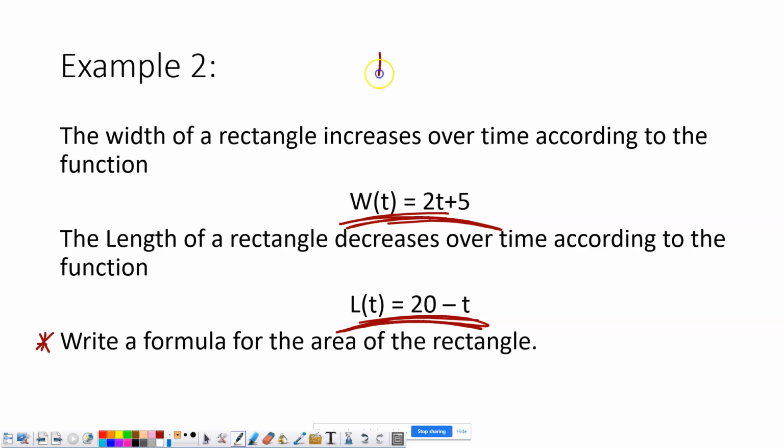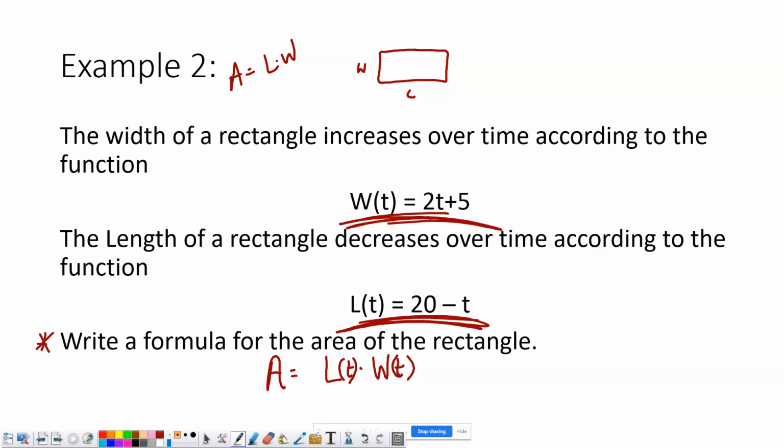Now, how do we find the area of a rectangle, you guys? That's important, you know that. How do you find the area of a rectangle? The area of a rectangle is, as you know, length times width. But the length and width of this rectangle are constantly changing over time.